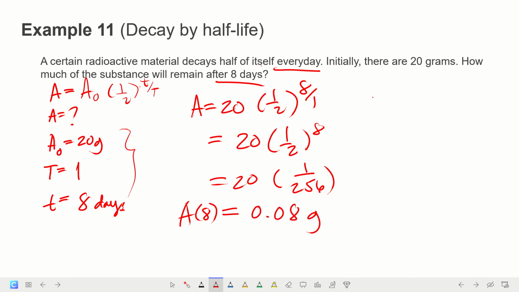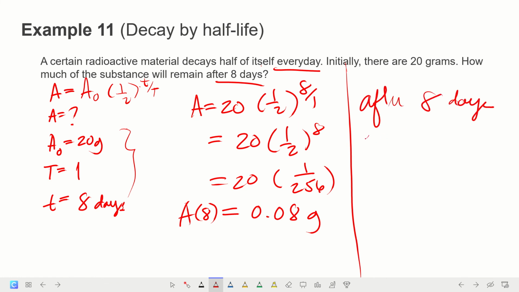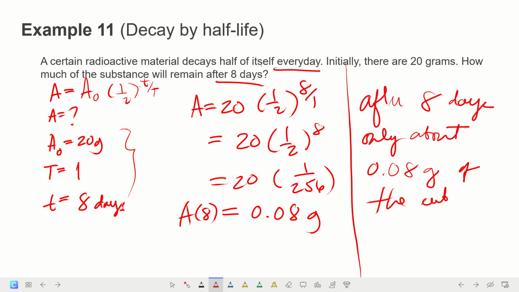So after 8 days, only about 0.08 grams of the substance will remain. So that is our answer for this problem.